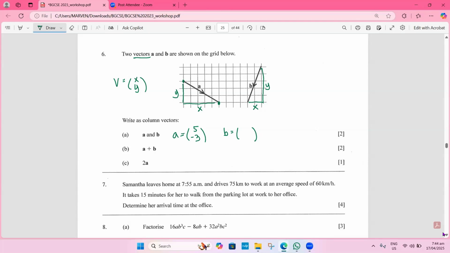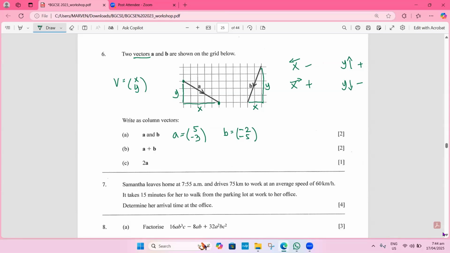Going from this point, 1, 2, so your x is -2. And from here, going down, so that is -5. Take note, if your x is going to the left, it is negative. If your x is going to the right, that's positive. If your y is going upward, that's positive. If your y is going downward, that is negative. That's how we interpret the direction.